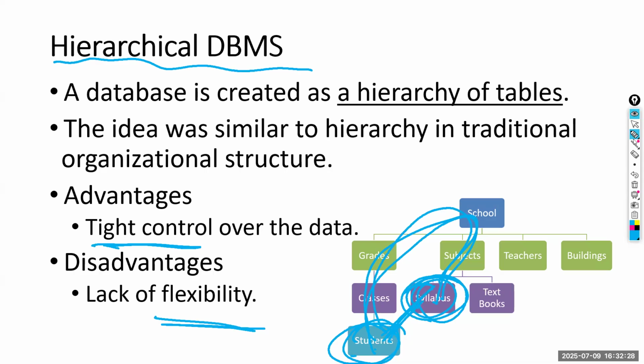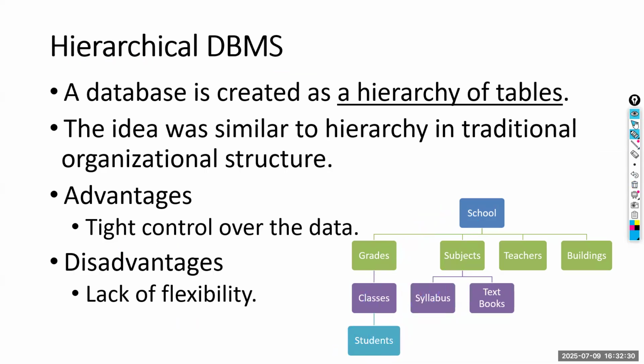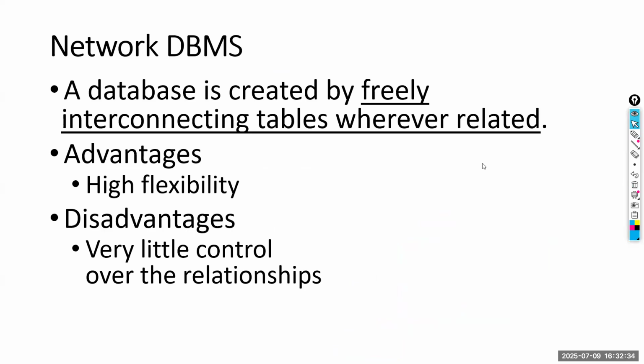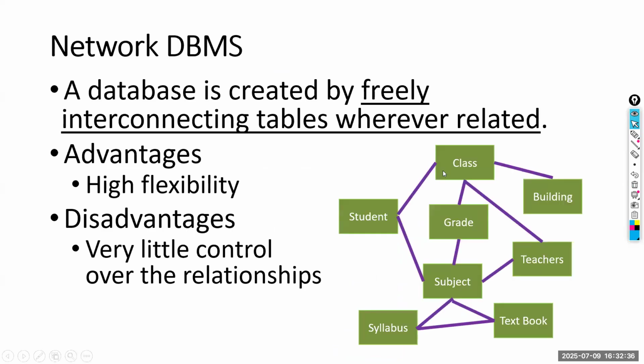So that is how they came up with the other approach, network databases. So don't think that this has anything to do with computer networking. Sometimes students think that network database means this database is in different parts of a computer network.